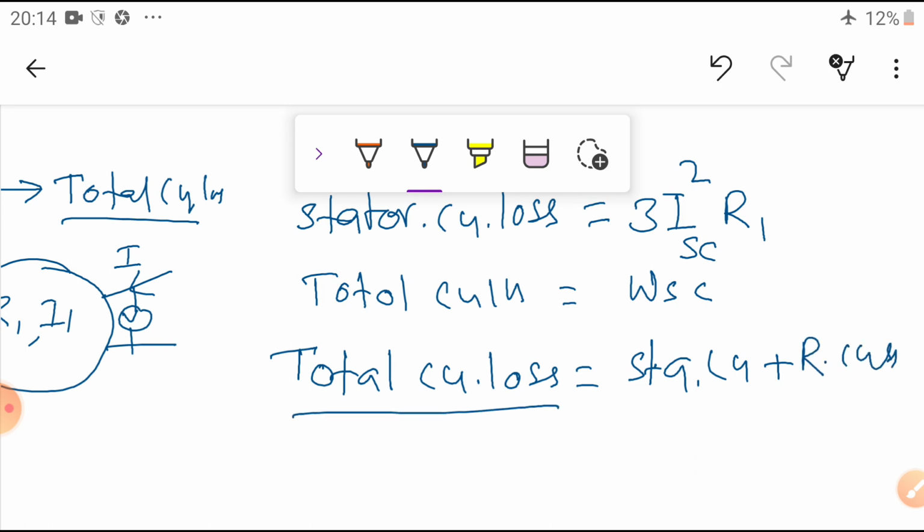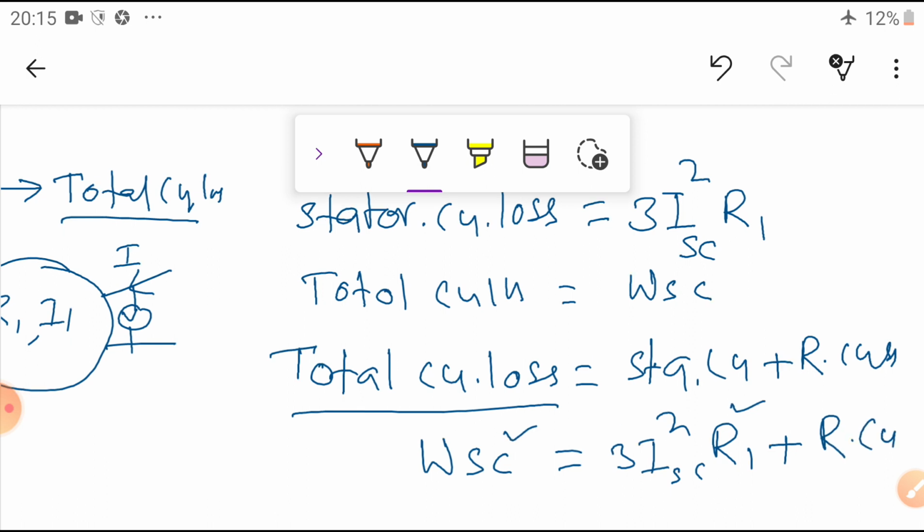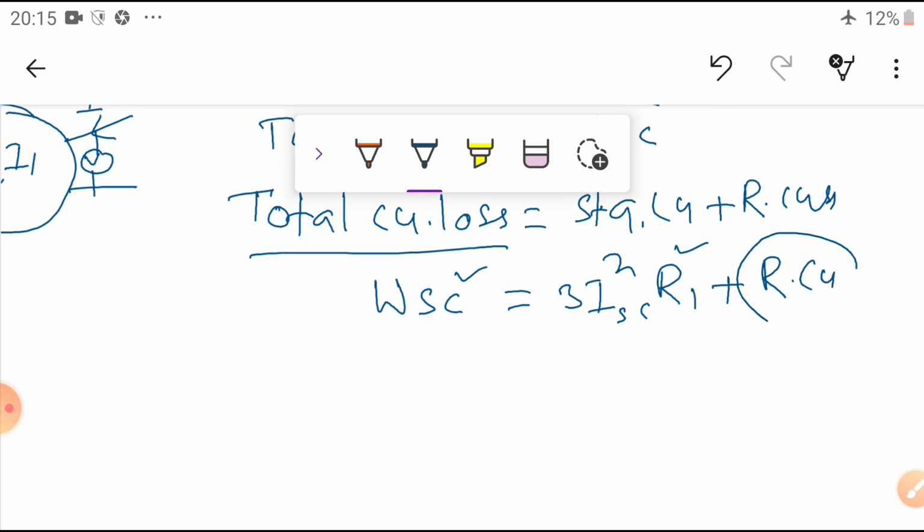The total copper loss is WSC, and the stator copper loss is 3 ISC square R1. I require only the rotor copper loss, so I can easily calculate it.